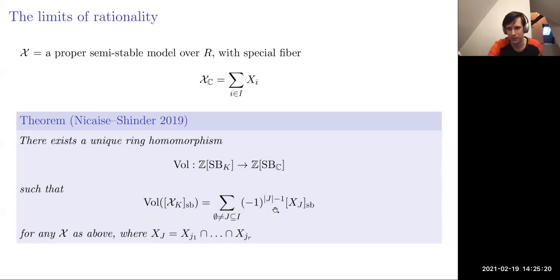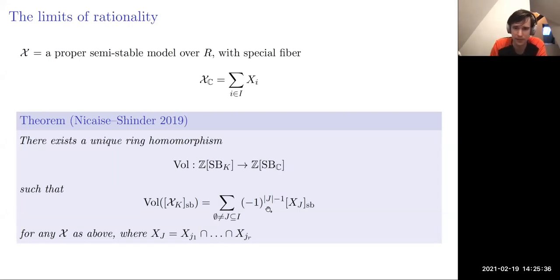So there are a bunch of smaller subsets here. They're indexed by the components in the special fiber, and we take all of the intersections, and you take the alternating sum.